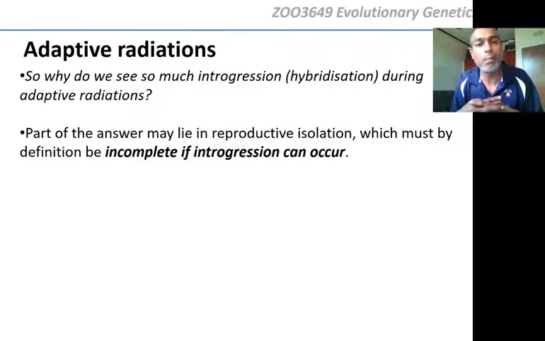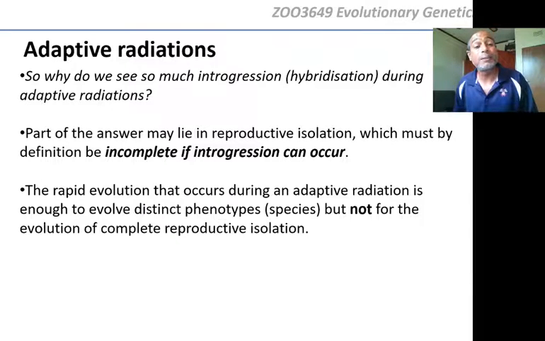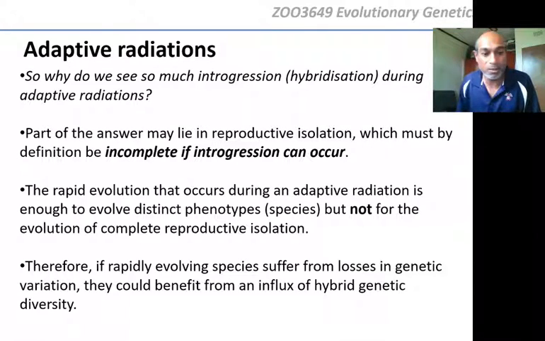It won't happen because the fitness of those hybrids will be low. But the rapid evolution of many different phenotypes or species can happen during adaptive radiation before reproductive isolation gets a chance to complete itself. And during that time, there's a chance for gene flow between the species. Therefore, you see so much adaptive introgression during adaptive radiations, such as our hominid adaptive radiation.